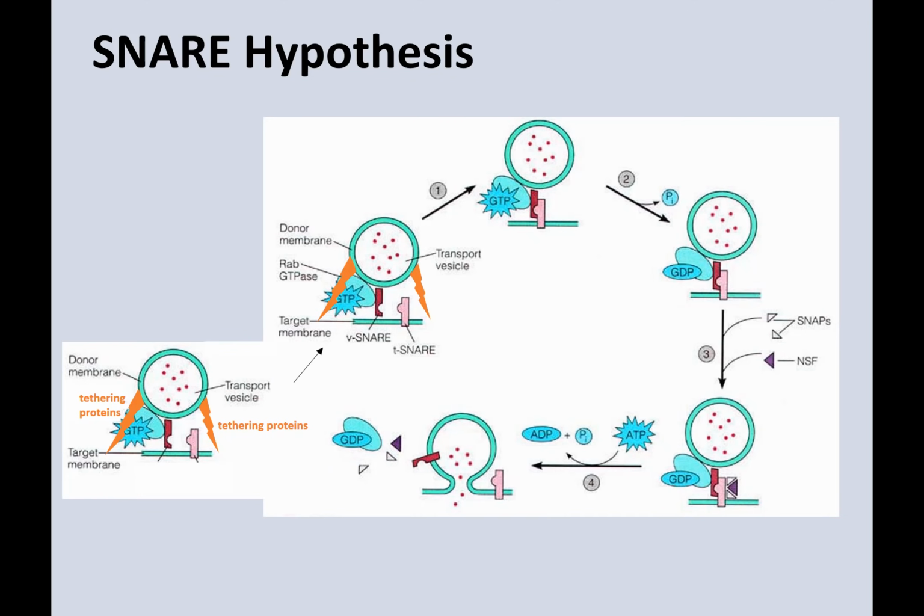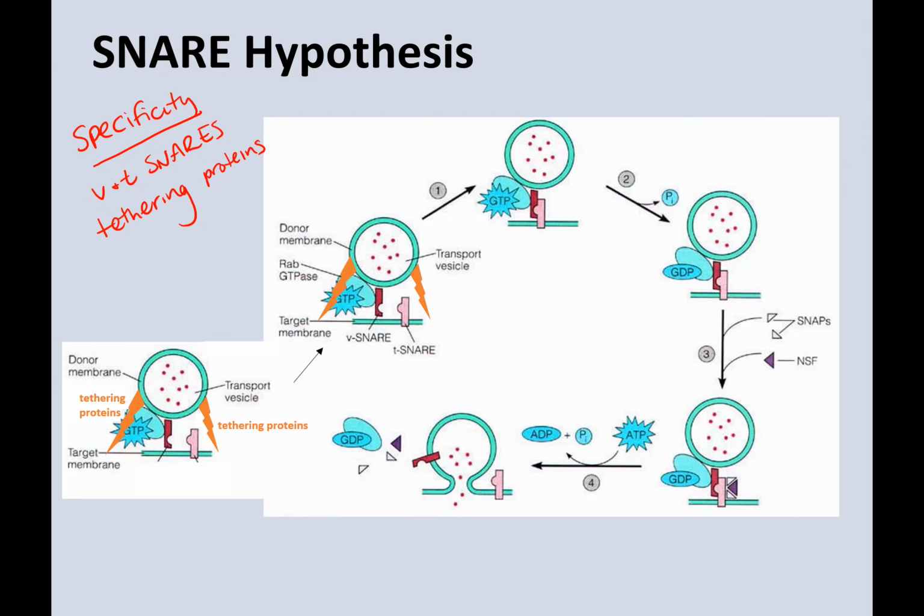So if we look at the SNARE hypothesis, and this is in your textbook as well, there are a couple other proteins involved in specificity. So the specificity is via the V and T SNAREs, but also through these proteins called tethering proteins.